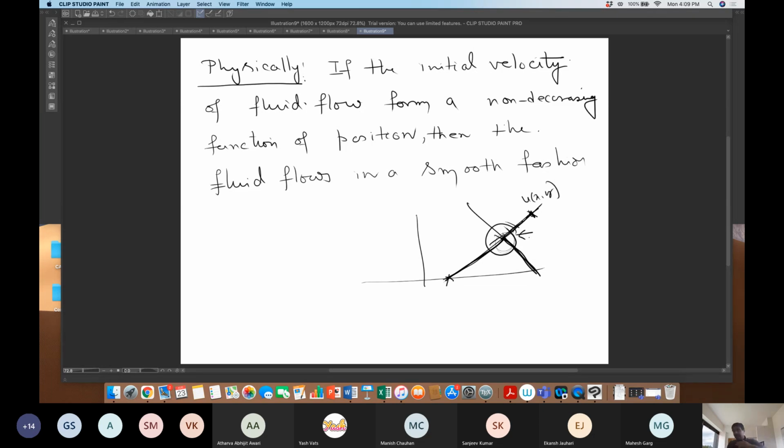If it has a decreasing initial velocity, then it might happen that the two characteristic lines intersect. That means the fluid flow is not smooth. There is some vorticity, some disturbance at the point of intersection. There is a fluctuation of solutions at this point.